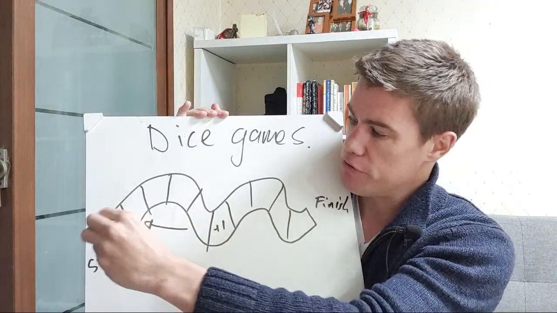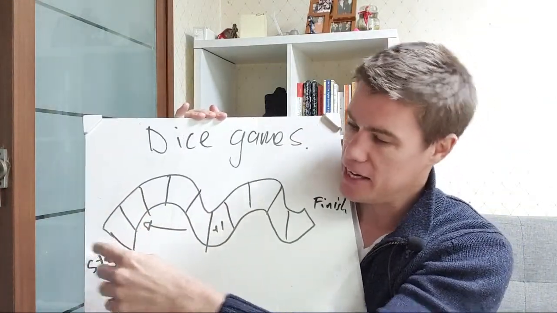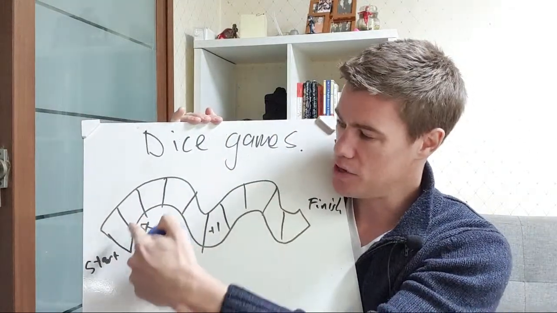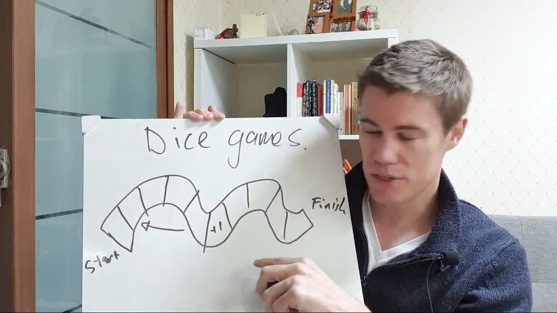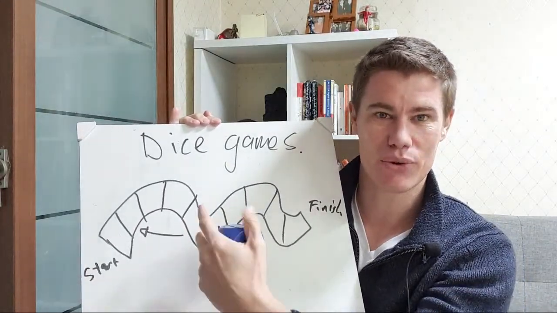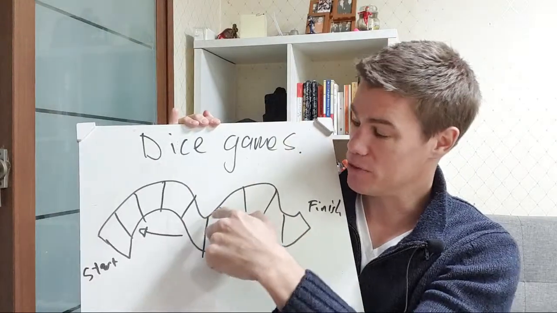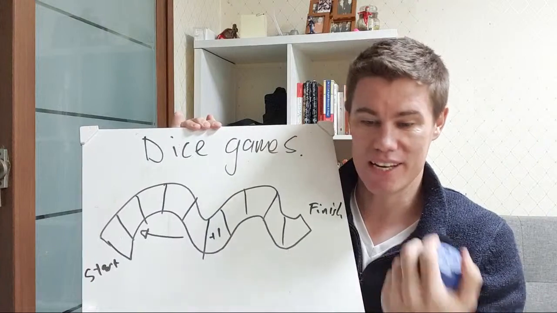It also helps if you've got a lot of magnets for the teams or for the students. And then they throw the dice. If it's a 1, you move on and you try and get to the finish line. What's great is you can put some obstacles in the way, some minuses or some special events. Once they land on it, they have to do a dance or they have to sing something.